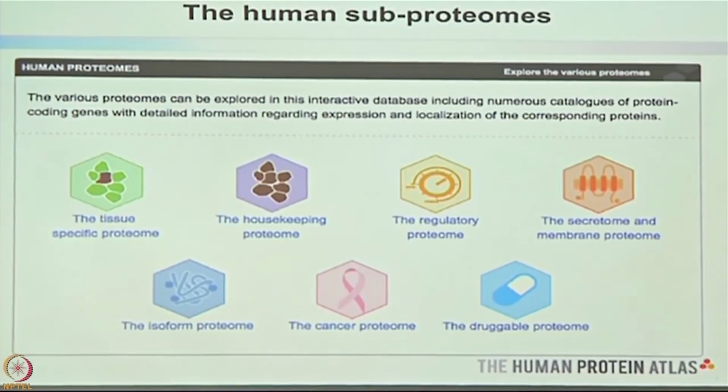There was also the housekeeping proteome, which I'll tell you a little bit further down the line about how important that is. The cancer proteome, which I'm going to just start talking about. And very importantly also the druggable proteome.